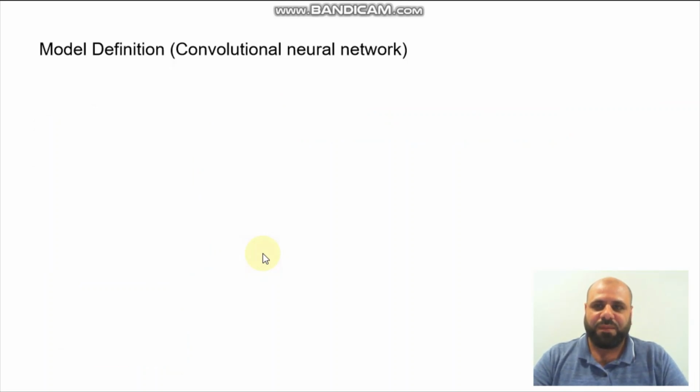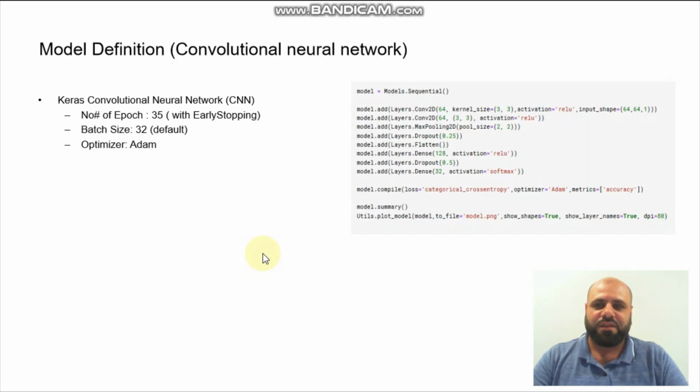Now, the deep learning model. I chose a convolutional neural network, Keras CNN, with 35 epochs with early stopping, the default batch size of 32, and the Adam optimizer.